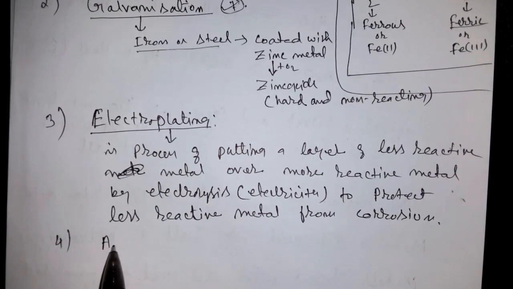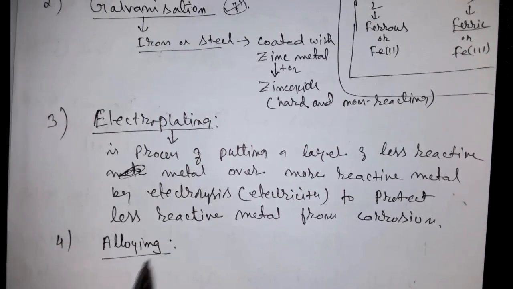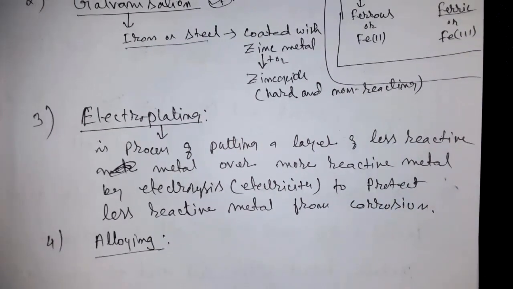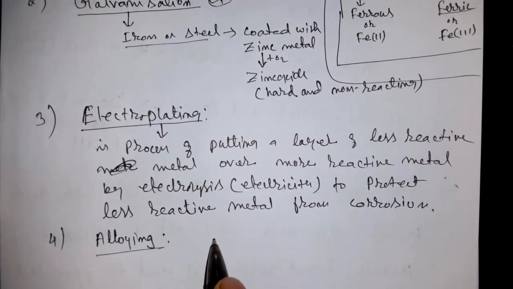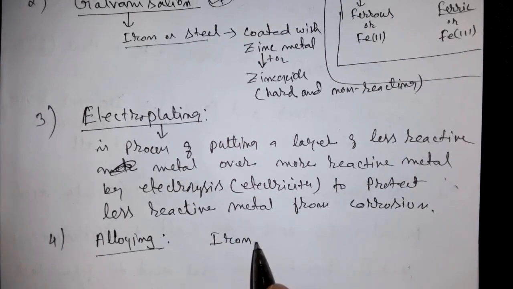Number 4, by alloying. So many a time, suppose iron will undergo corrosion.